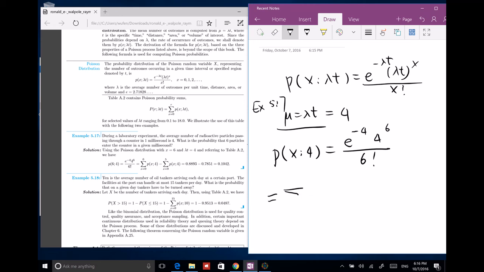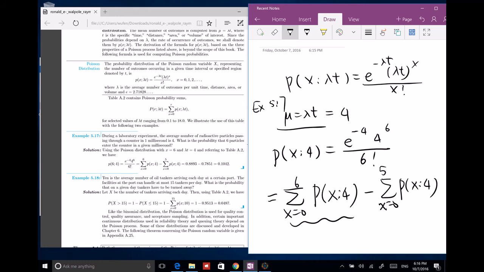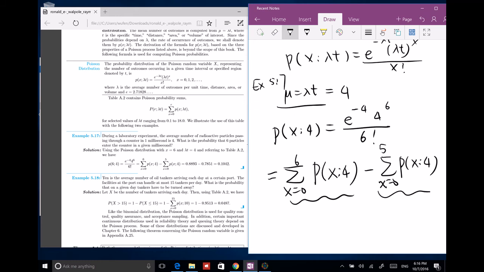In the table, which we will see in the homework, you have the cumulative probability from 0 to 6 and from 0 to 5, both given in the table. We just subtract them, and the result is just the probability that x equals 6. Does it make sense?